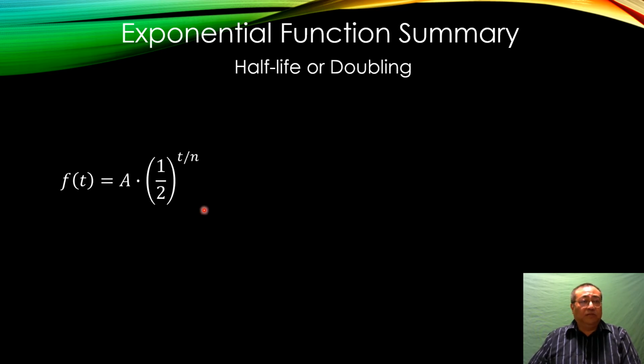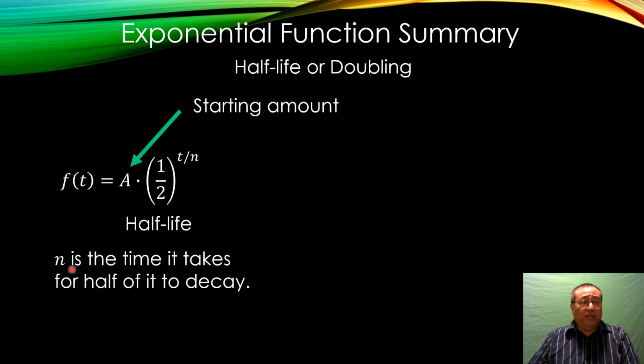Half-life or doubling: half-life looks like this, with the starting amount A. N is the time it takes for half of it to decay. So if an object has a half-life of 20 years, then N is 20.